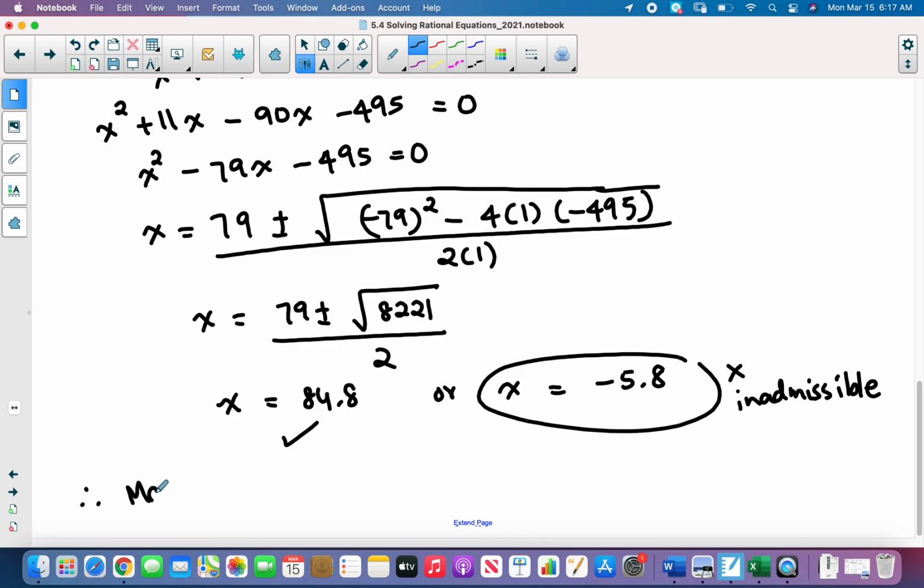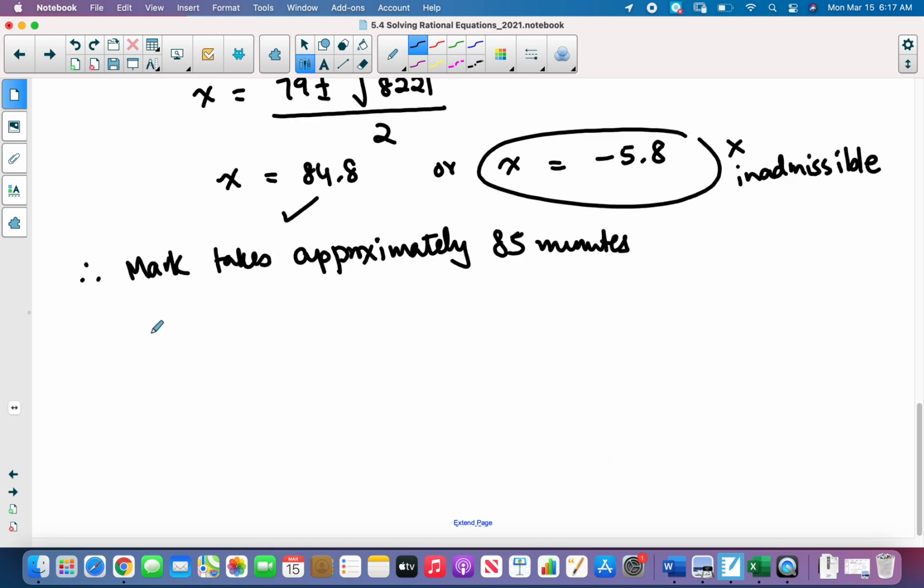Therefore, Mark takes approximately 85 minutes, and Juan takes 11 minutes longer. So 85 plus 11, which is approximately 96 minutes, to cut the lawn by himself.